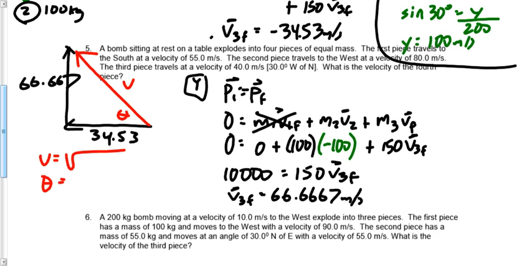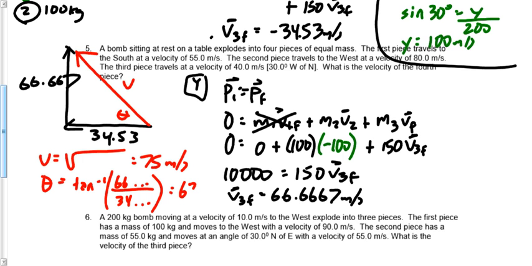Theta is going to be found by the inverse tan function. And when I do that, V works out to be 75. And theta works out to be 62.6 degrees. And this would be north of west because we're measuring it from the west. If you do it the other way, you could have made it, what, 27.4 degrees west of north.